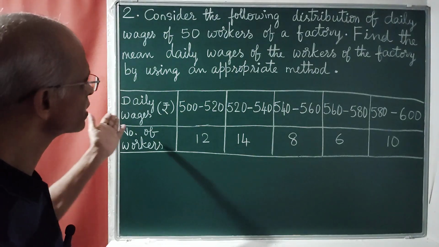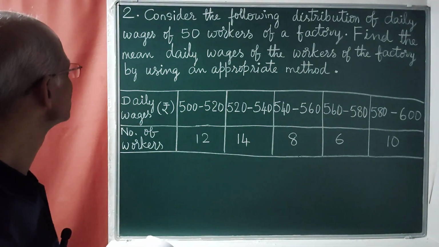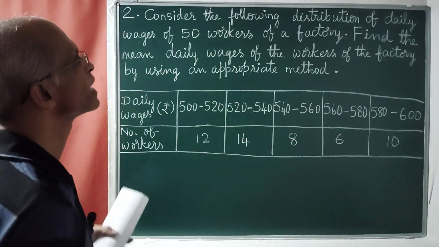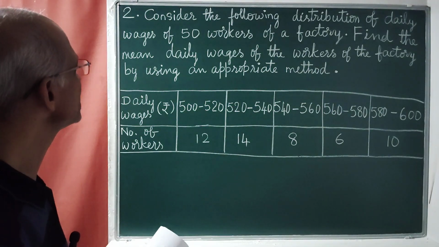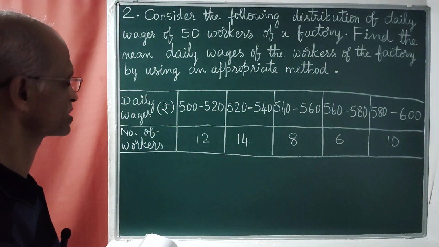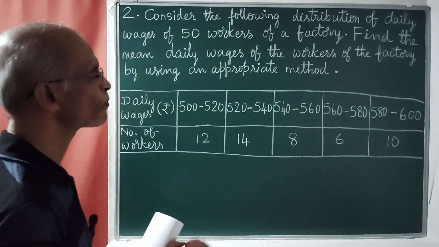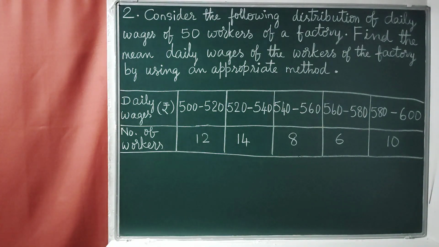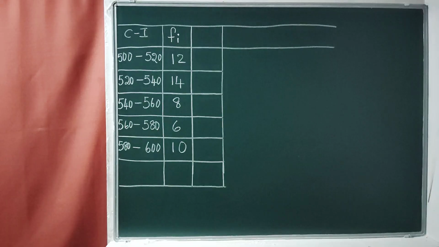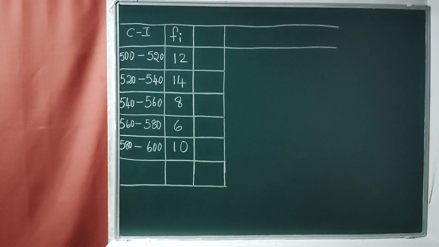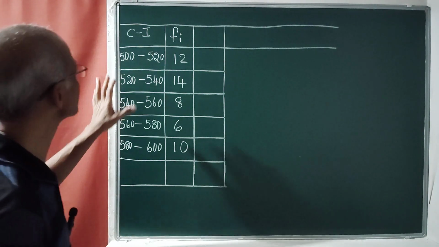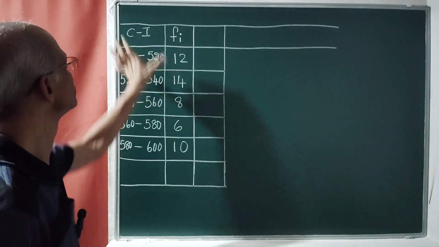The data given to us, this is the data given to us, and we need to find the mean daily wages of the workers by using an appropriate method. Now, this is the data given to us.